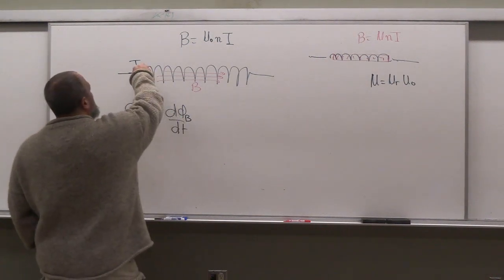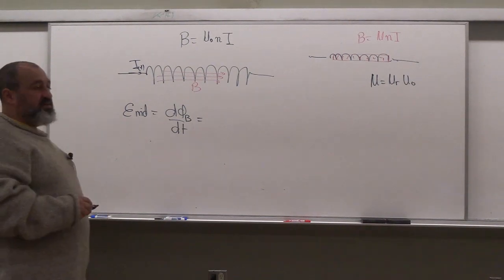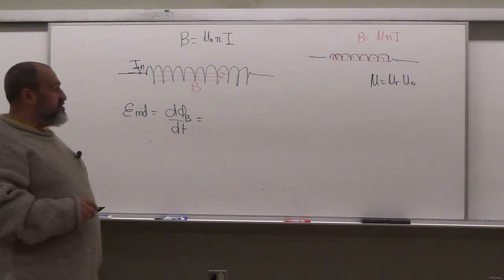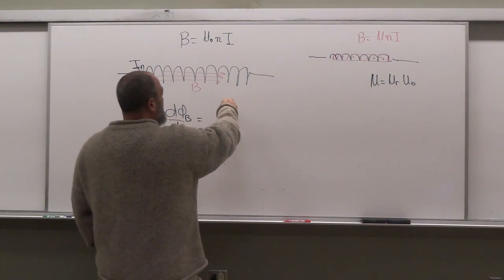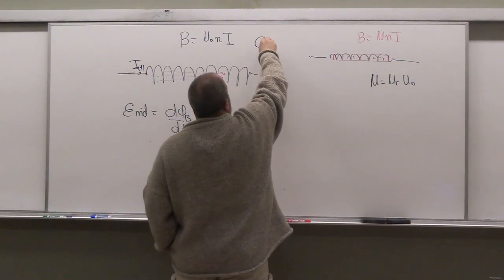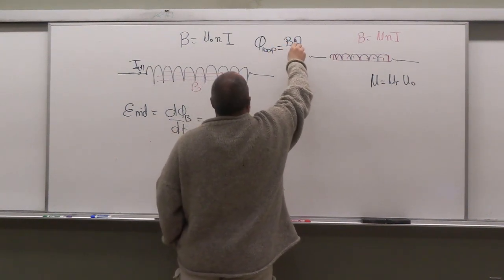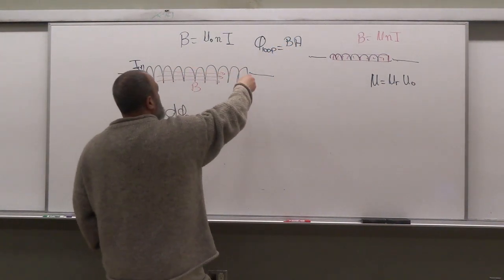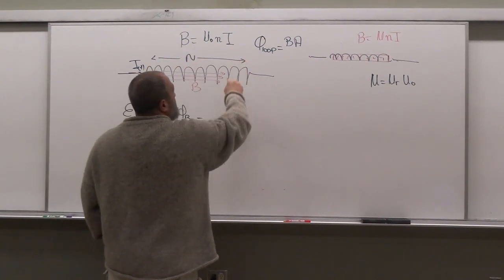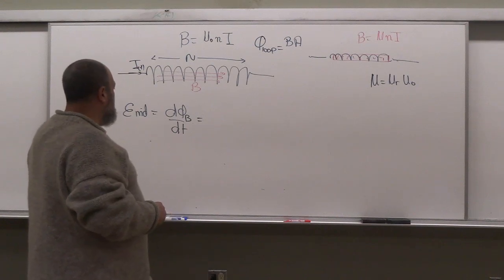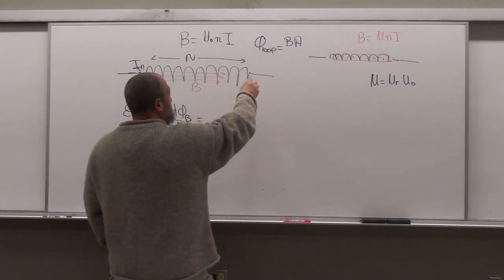So let's say I is a function of time. What is the flux? The flux per loop is equal to the field times the area. But now you have so many loops in here, a total of N loops overall, and the total flux is equal to N times the flux per loop.